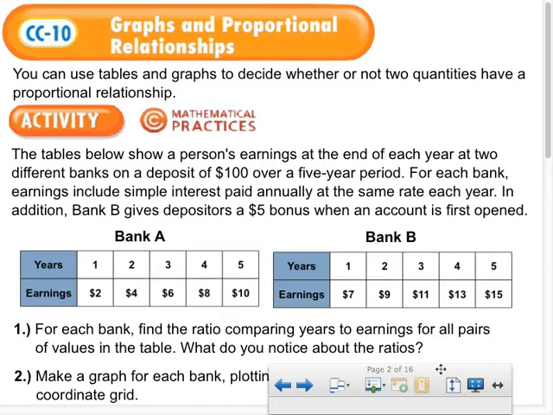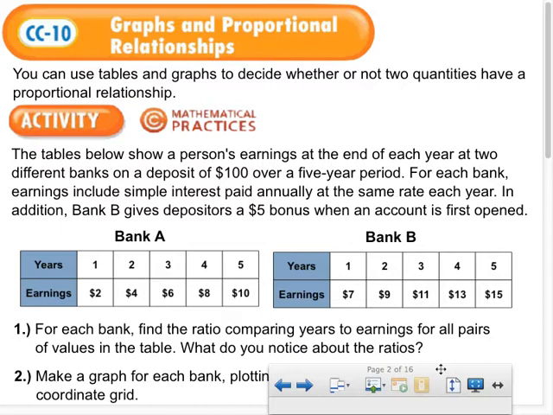Okay, for each bank, earnings include simple interest paid annually at the same rate each year. In addition, Bank B gives depositors a $5 bonus when an account is first opened. Okay, so there's a difference there.